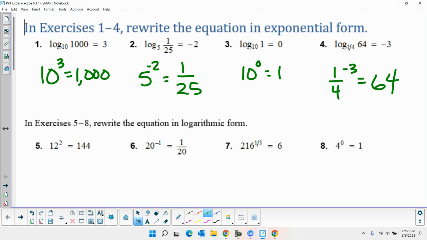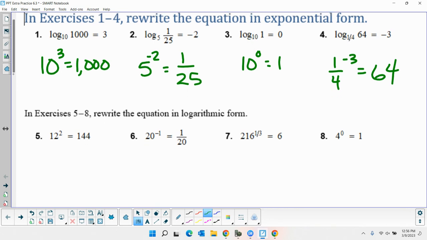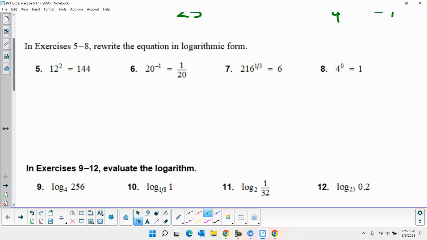Third day, it's starting to click, hopefully. Skylar. Thank you. Questions? Ben? Log base 20 of 1 over 20 equals negative 1.